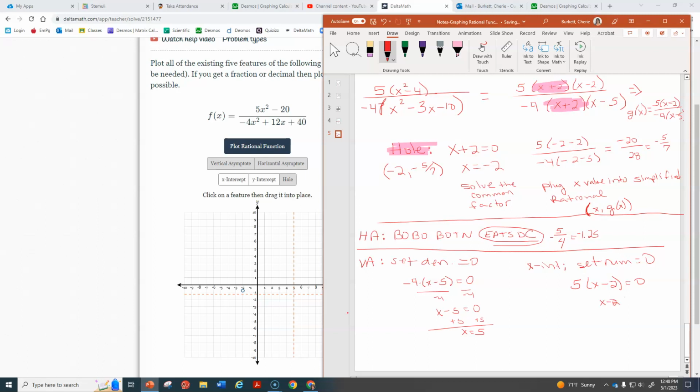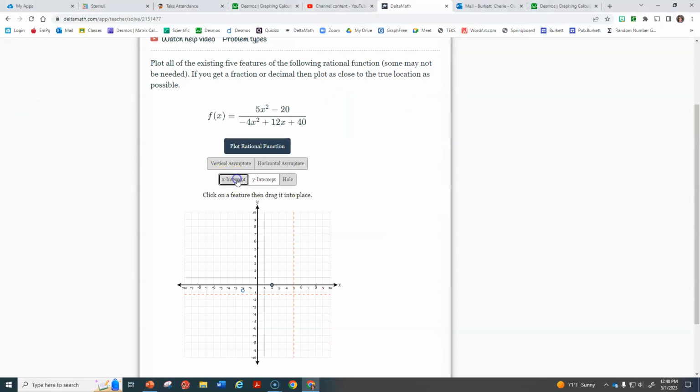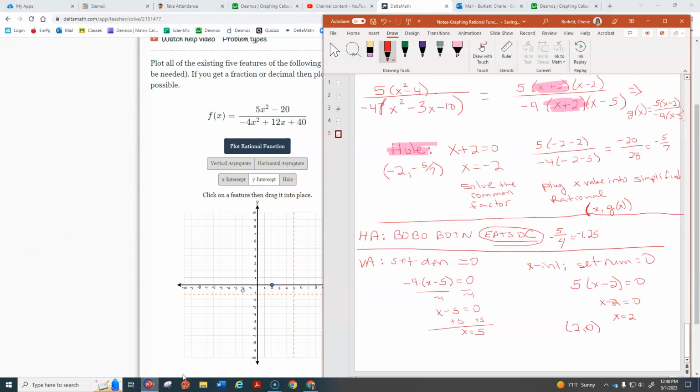You get x minus 2 equals 0. Then solve for x. Add 2 to both sides. You get x equals 2. So your x-intercept is going to be 2, 0. So you click on x-intercept and it gives you a point, and you just move it to the correct place, 2, 0. The last thing it looks like we need to find is the y-intercept.